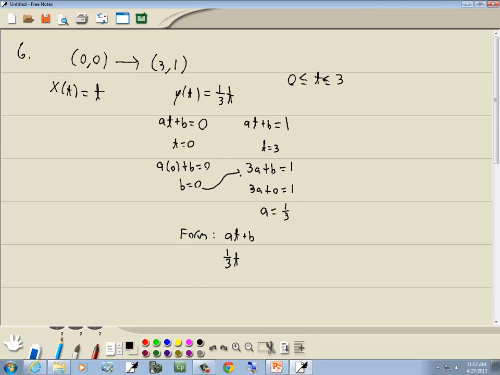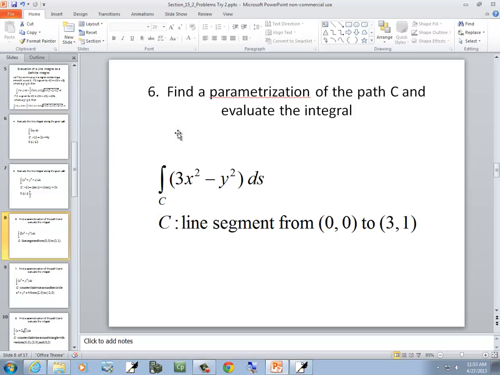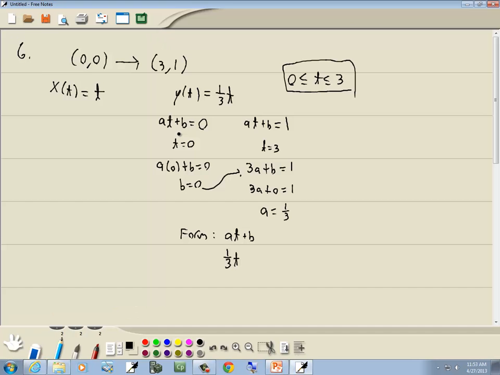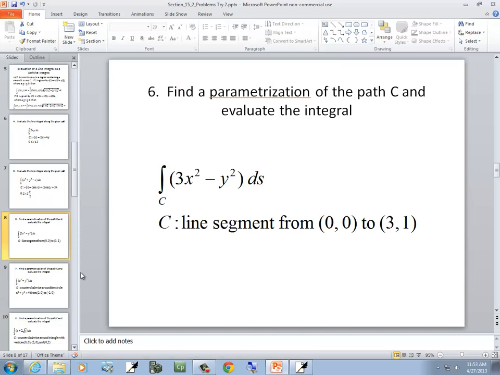Now this is how we're going to set up our definite integral from 0 to 3. I ought to write this problem down before I flip over to the formula.